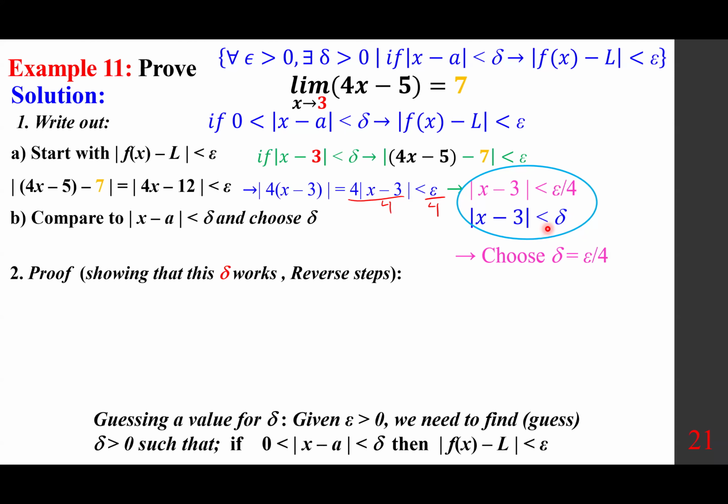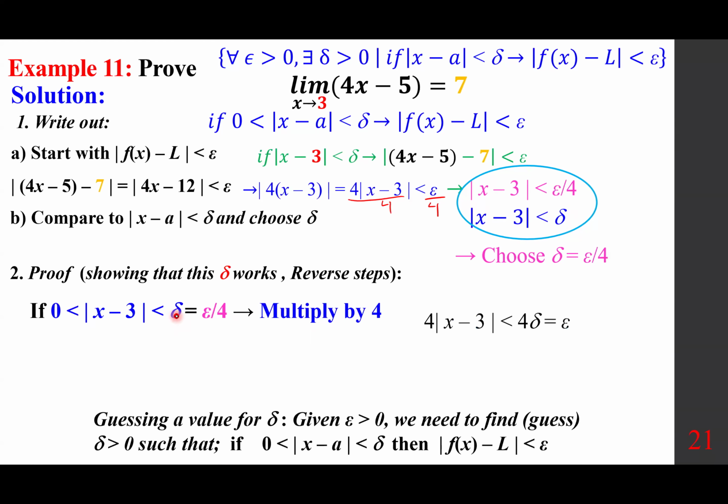If you start with this one and you let delta be epsilon over 4, all you have to do, because this is epsilon over 4, you're going to multiply by 4. If I multiply both sides by 4, this one gets 4 times, this one gets 4 times delta equals epsilon. So we are reversing the process. In essence, we are moving this way.